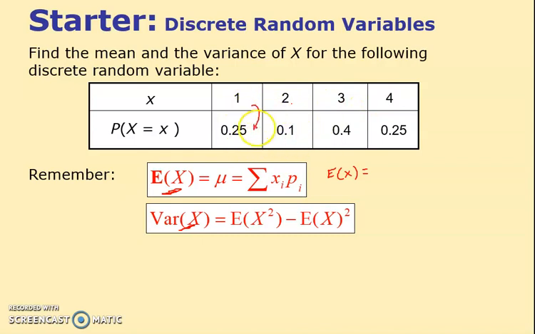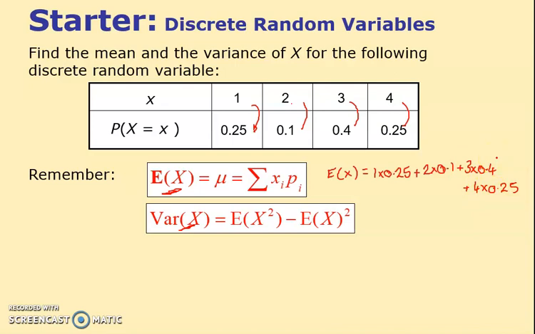So we do 1 times 0.25, and then we add 2 times 0.1, then plus 3 times 0.4, plus 4 times 0.25. I don't know what that is, but I'm going to type it in.